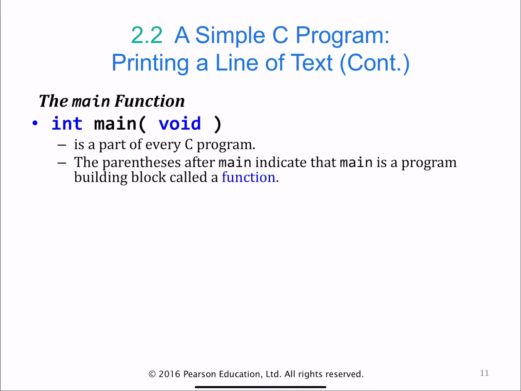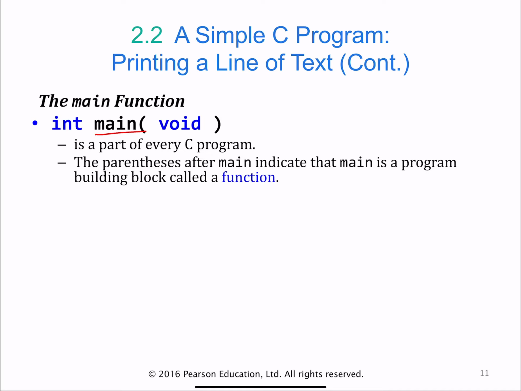Function names can be pretty much whatever you want them to be, but this particular function called main is special because the main function is where the execution of your program begins. There can only be one main function in your program. This is where execution begins, and this has to be part of every C program.